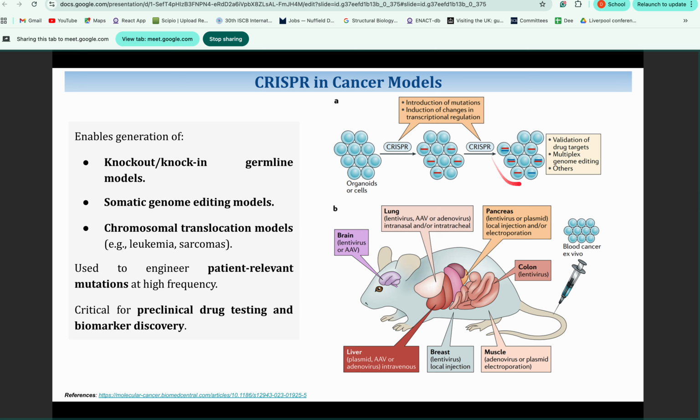So we ultimately enter these organoids or cells into the model organism, and then we can study how the model organism behaves. This will be referred to as the induced cancer state. So we are artificially inducing the cancer environment within the animal model.